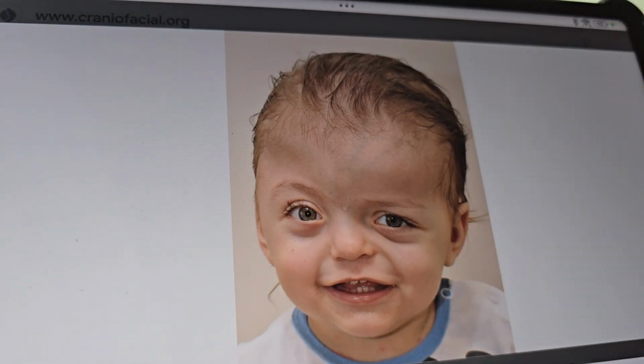Here you can appreciate it, affecting the coronal suture, unilateral or bilateral, with mid-face hypoplasia, hypertelorism, macrocephaly, and hearing loss. One more example I want to put from syndromic craniosynostosis, then we will proceed to others.